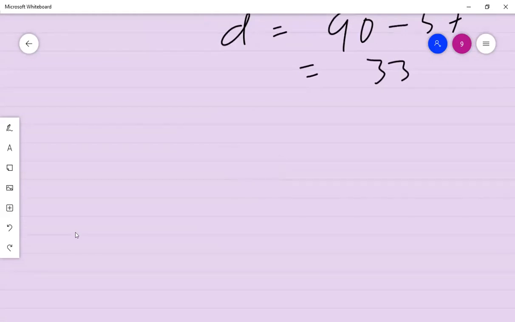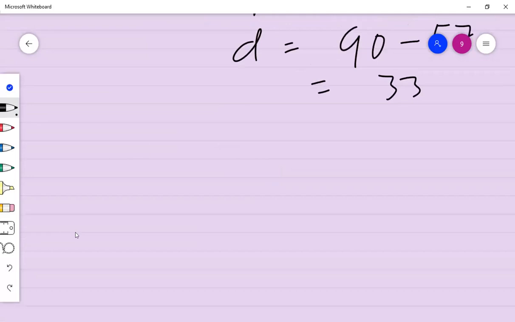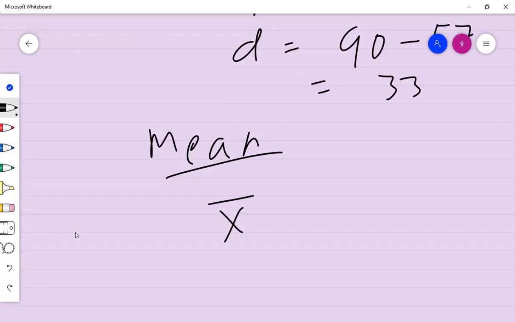Let us talk about mean of data. Mean is denoted by x bar, that is equal to sigma fi xi upon sigma fi. What is sigma? Are you aware of this sign? Sigma?